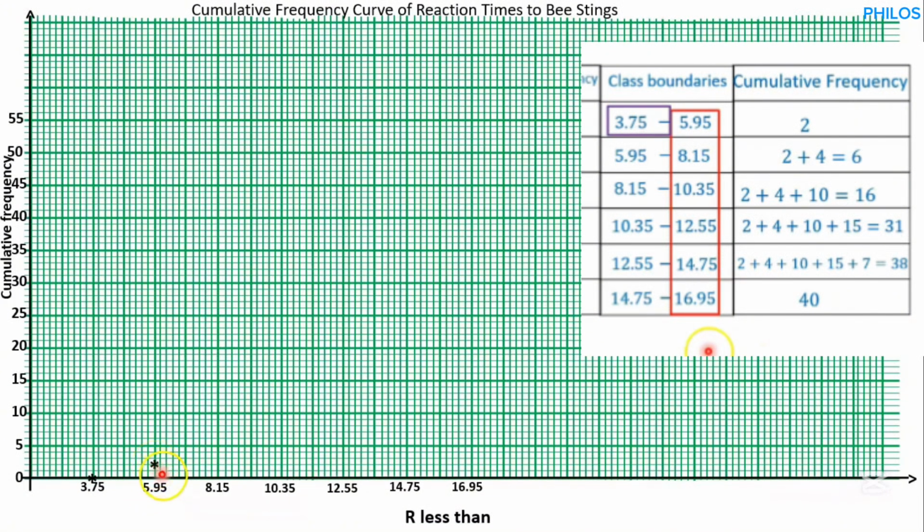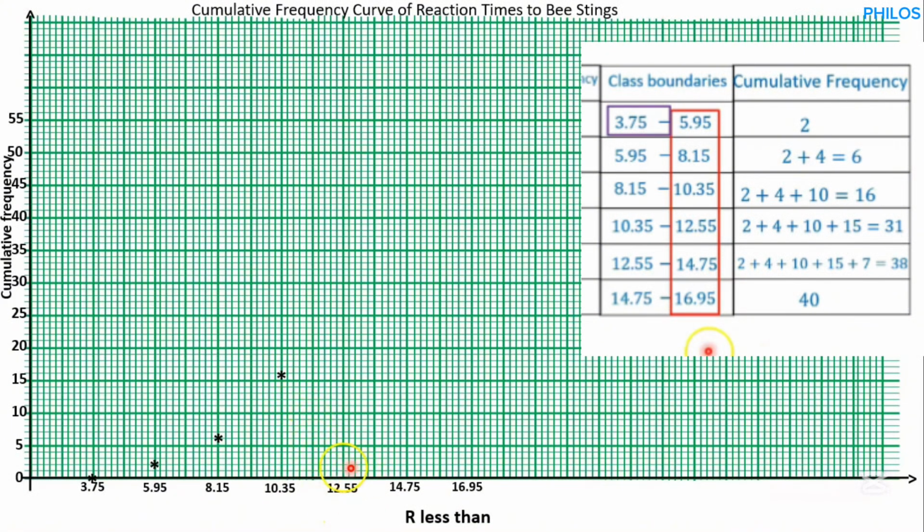So 2 will be here. Then the upper class boundary of the second class is 8.15. We'll plot it against the cumulative frequency of the second class, which is 6. Then the upper class boundary of the third class is 10.35. We'll plot it against the cumulative frequency of the third class, which is 16. So we plot it here.